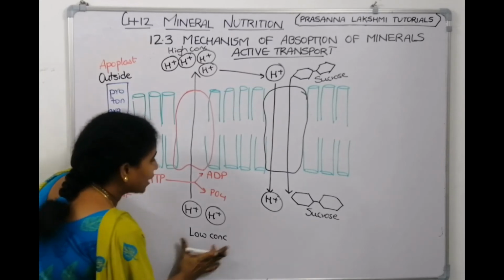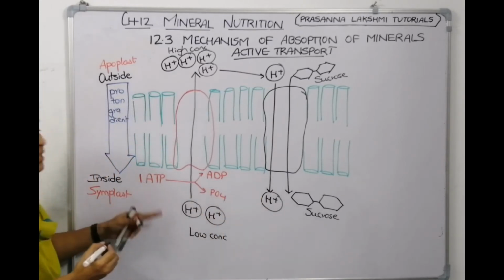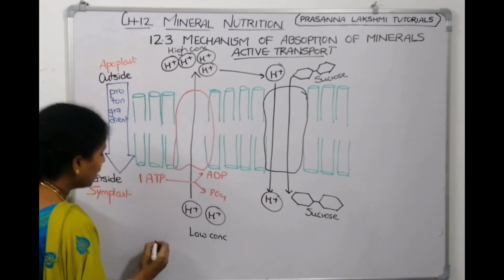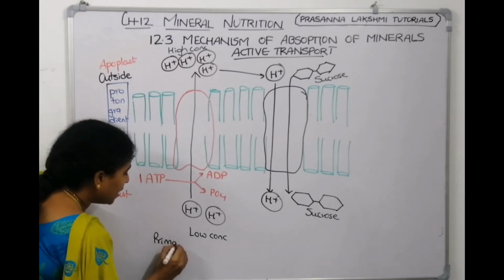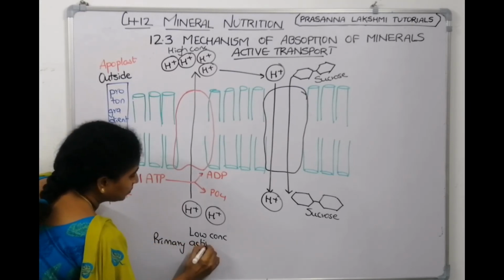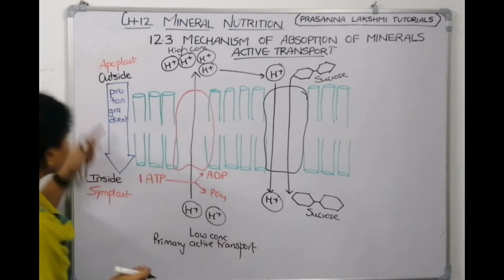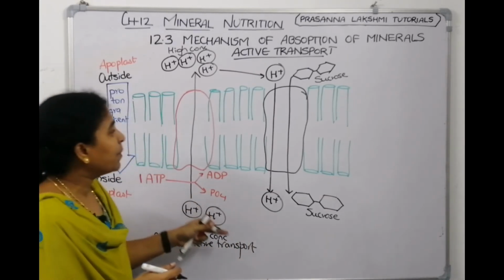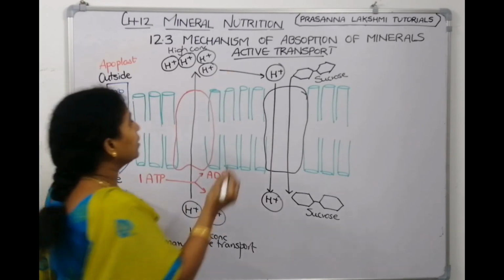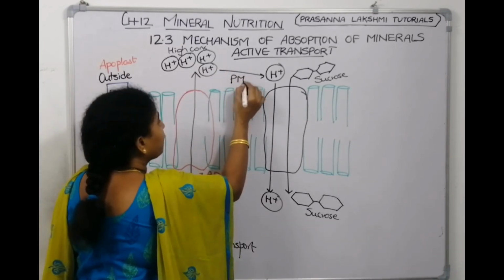What is this active transport? When H plus moved out, it is called primary active transport. Because of the proton gradient, a proton motive force, PMF, gets generated.